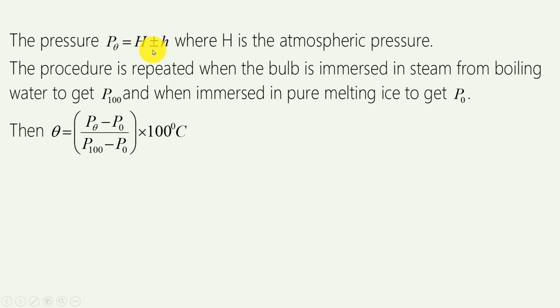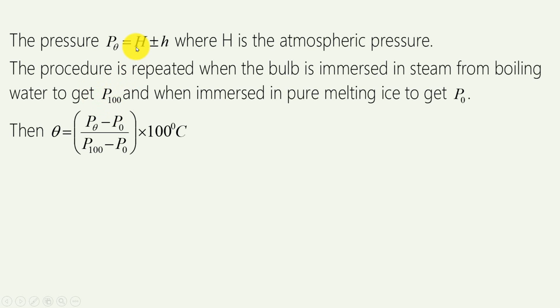Bearing in mind that the pressure of the gas can be less or greater than the atmospheric pressure. But in most cases, we write P theta equals H plus small h. So the procedure is repeated when the bulb is immersed in steam from boiling water to get P100.